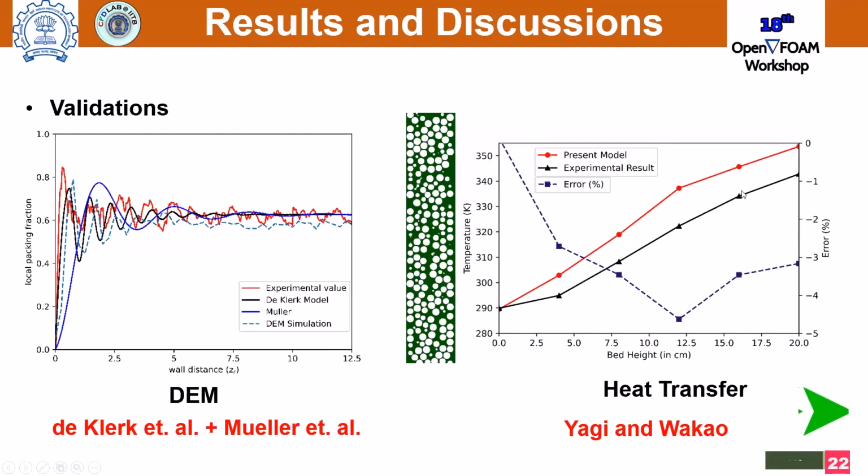You can see here that there is a deviation because, to mesh the binary size packed bed, I have shrunk the particle size to avoid skewness between the particle gaps. This is a technique that is generally used in many works in the literature to mesh the packed bed. This is the reason why you can see the deviation here.